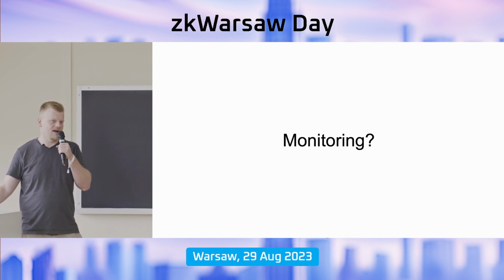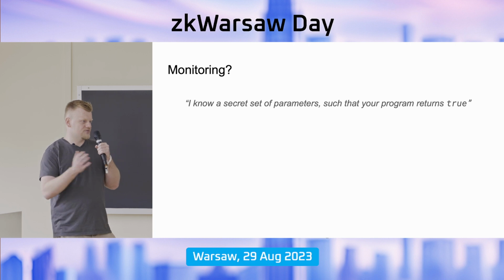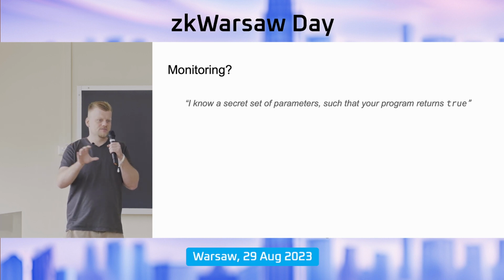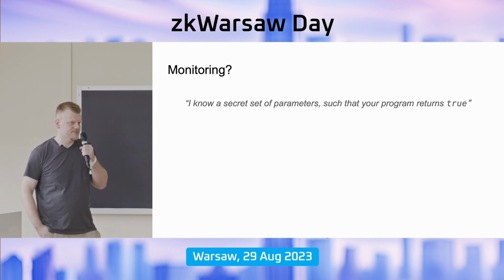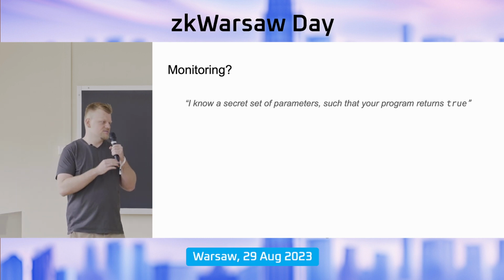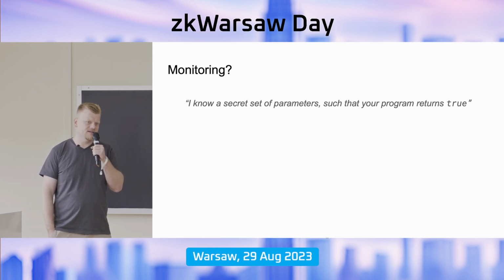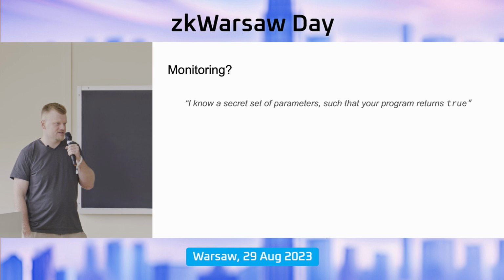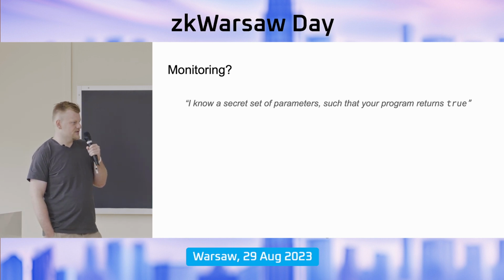I want to see if I'm being hacked. The very semantics of ZK protocols is that I know a set of inputs such that your program says, yeah, okay, this is fine, let's proceed. What does this mean? This means I don't actually know the inputs to my system. I have something deployed on mainnet and people are using it and the system is doing something and I don't exactly know what it is doing.